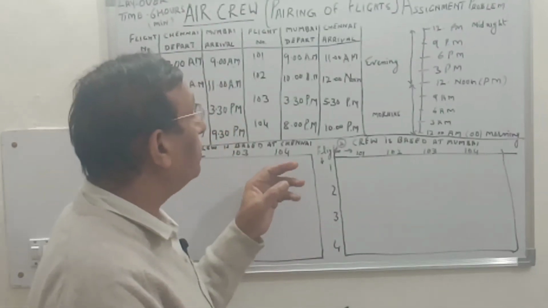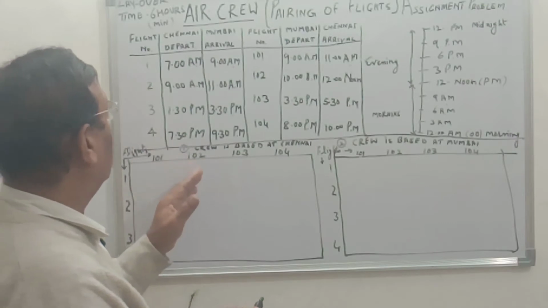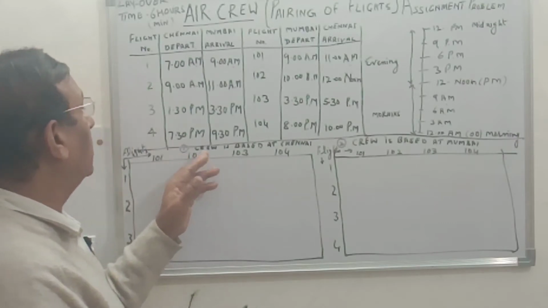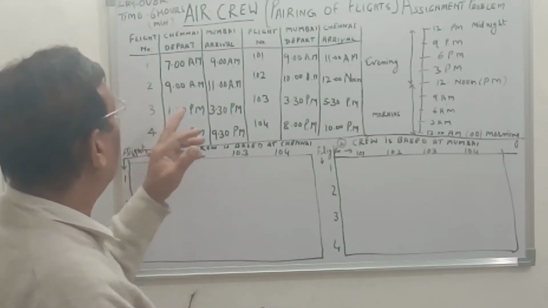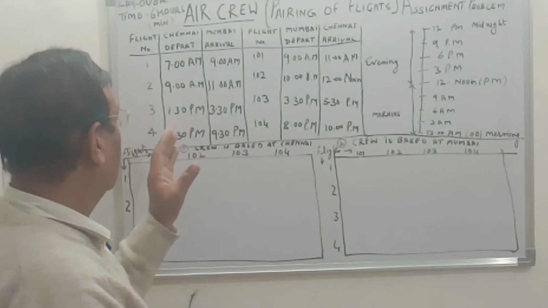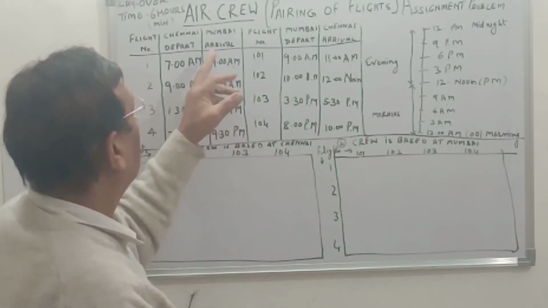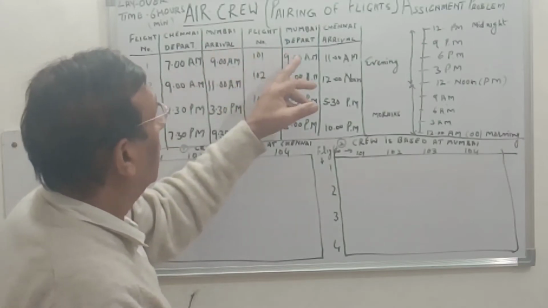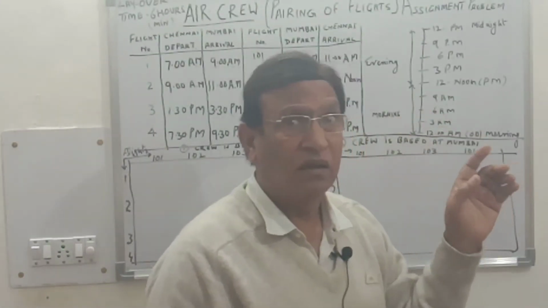From arrival to departure: first the flight will arrive, then it will depart. So first table we will draw as crew is based at Chennai. Then we will calculate the time gap between flights at Bombay, arrival and departure. In order to calculate, this is very simple.